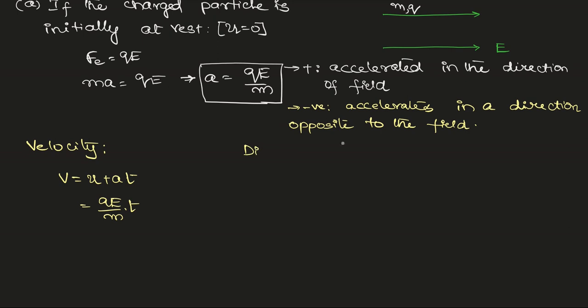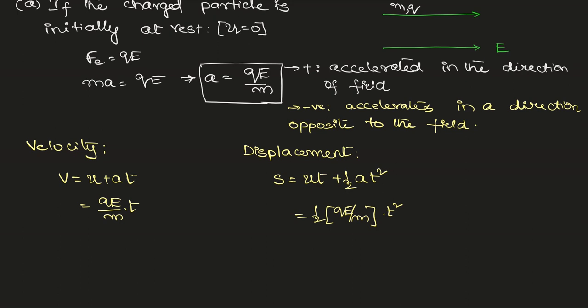And if they ask for displacement, then s = ut + half at square. ut is 0, so half qE by m into t square. Or else we can use the equation v square minus u square = 2as, so that we can bring some relation between final velocity and displacement, as we know the acceleration.